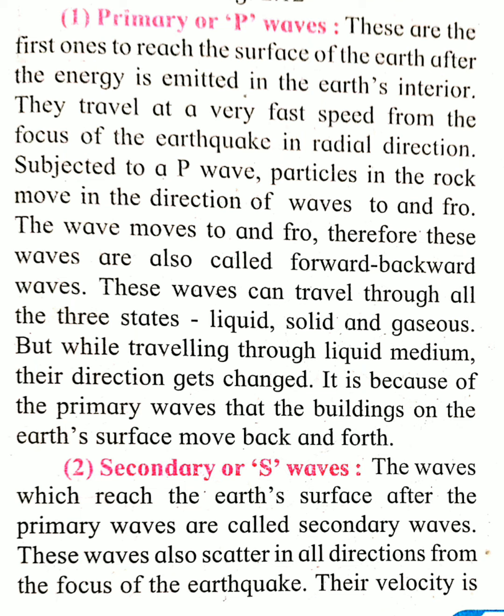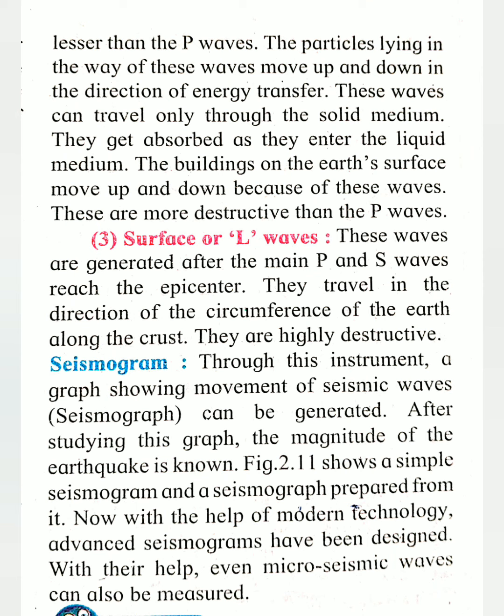So they travel in all directions from the focus. Their velocity is lesser than P waves. The particles lying in the way of these waves move up and down, perpendicular to the direction of energy transport.